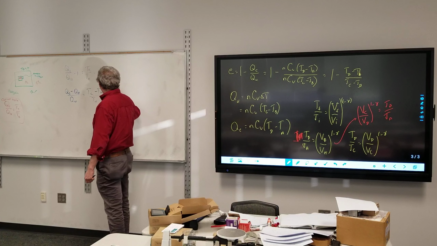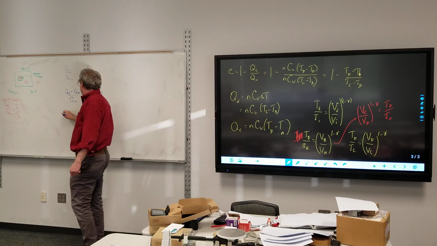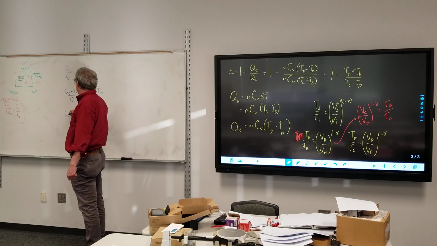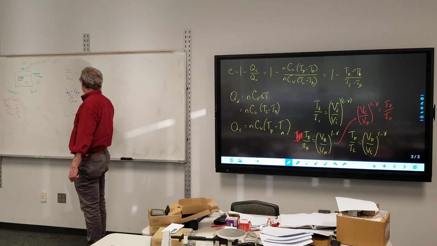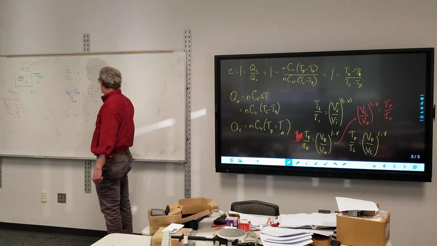So that's going to be QH. Should not stick an equal sign there. So QC, done the other way. Now, QC minus QH is equal to QH over TH times TC minus TH.